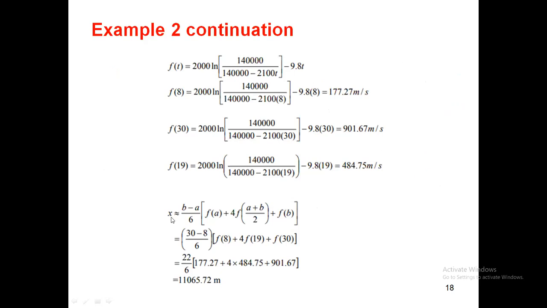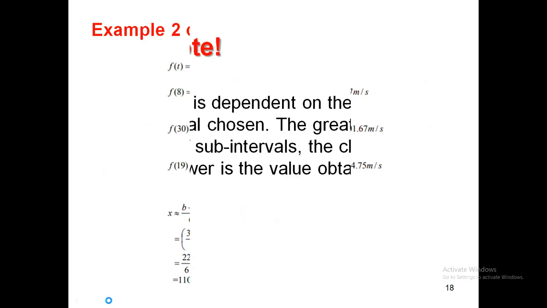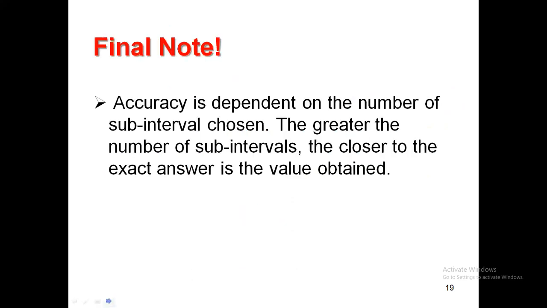It's all about the formula, class. Just substitute everything in the formula and you won't get lost. So this is the distance covered by the rocket. Now, on a final note, the accuracy of your answer is dependent on the number of divisions or sub-intervals that you have used.